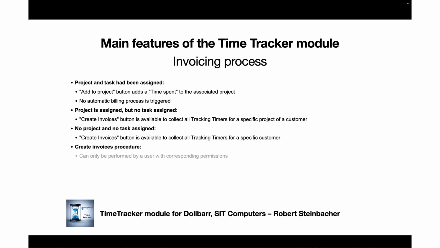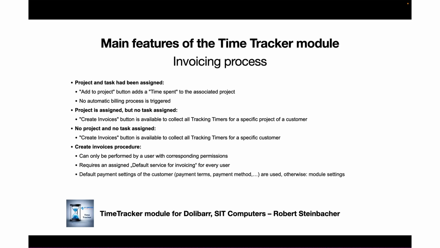The create invoice procedure can only be performed by a user with corresponding permissions. It requires an assigned default service for invoicing for every user who uses the time tracking module. And we also need the default payment settings of the customer, as given by payment terms, payment method, etc. I haven't shown that the relative and absolute discounts for a customer are taken into account as well.